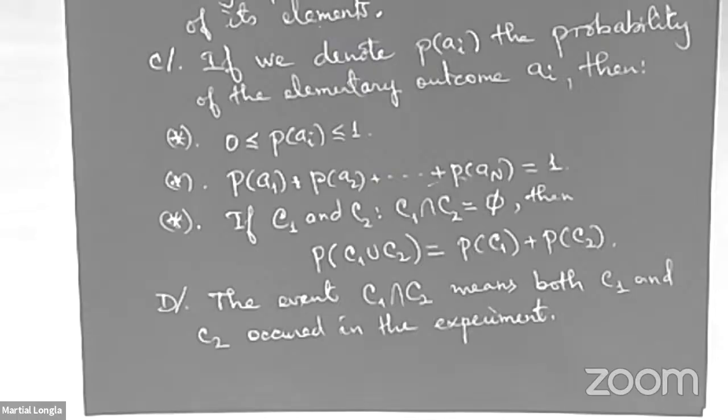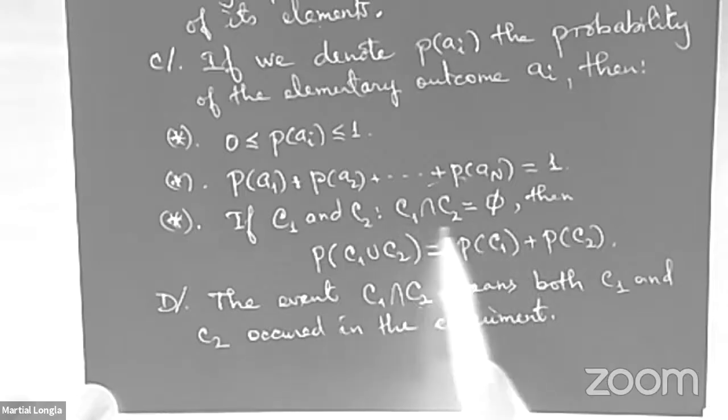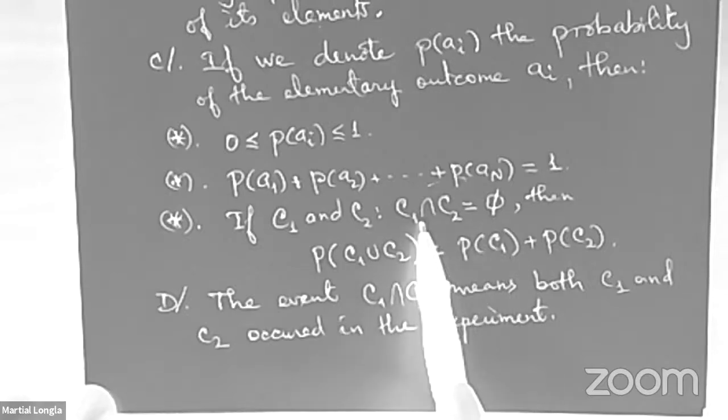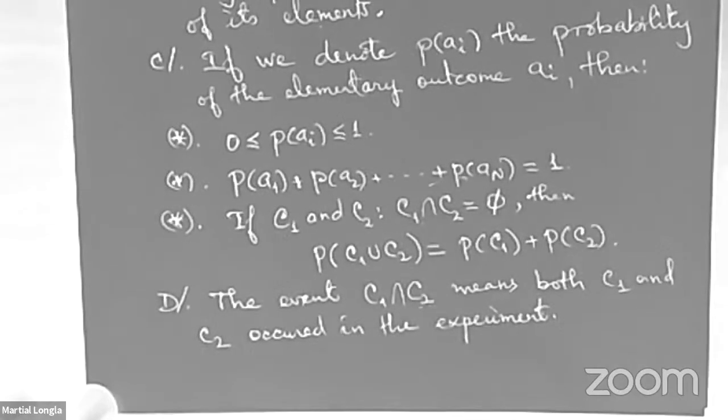So anytime we write C1 intersection with C2, it means that the event C1 has occurred and the event C2 has occurred in the experiment at the same time. And that's why this here means that the two events are disjoint, because this means that there is no elementary outcome that happens here and there.